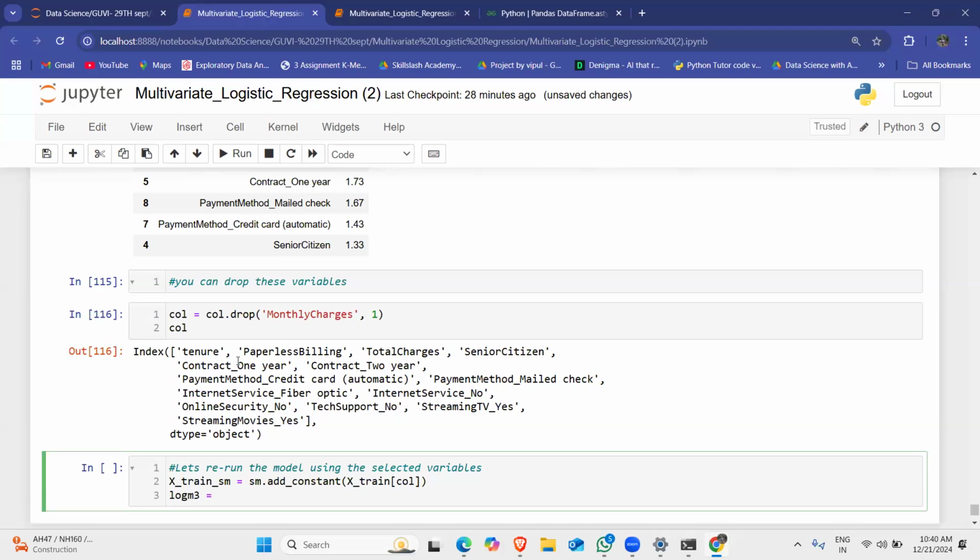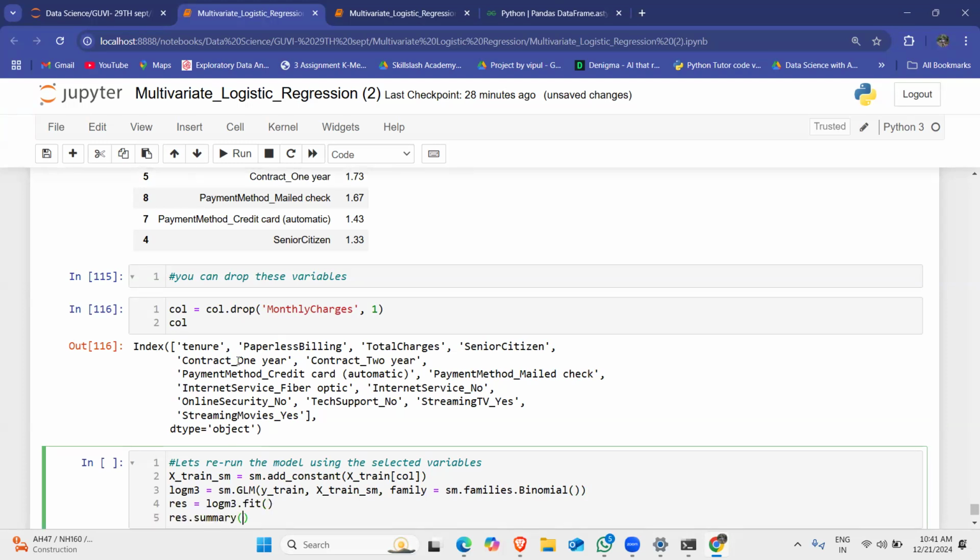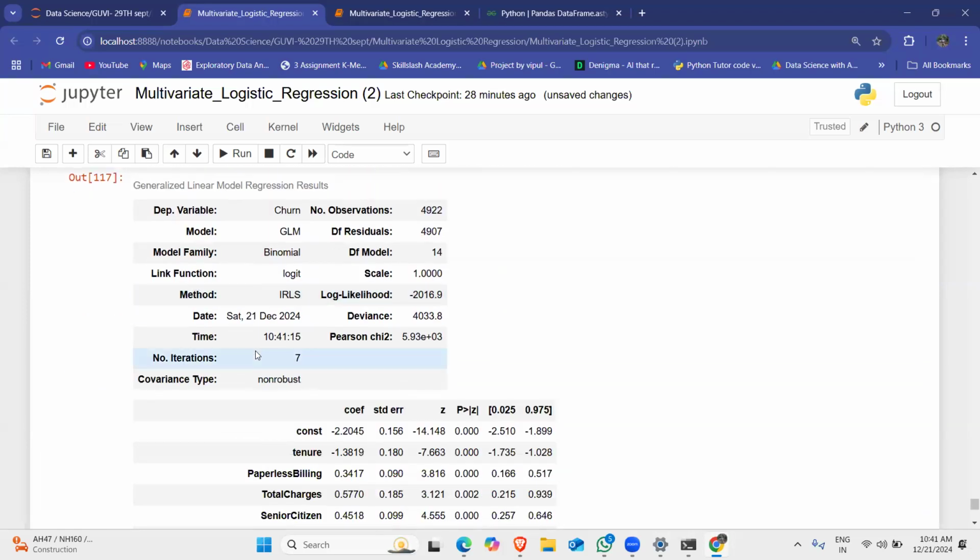You can do the same thing which we have done, sm.GLM of y_train comma X_train_sm comma family equals sm.families.Binomial(), res equals logm3.fit(), res.summary(). That's what we have, right?